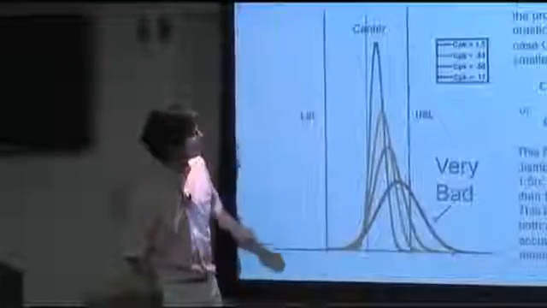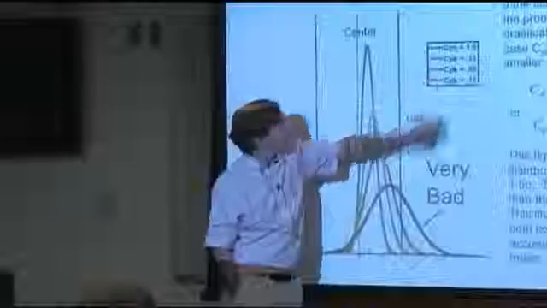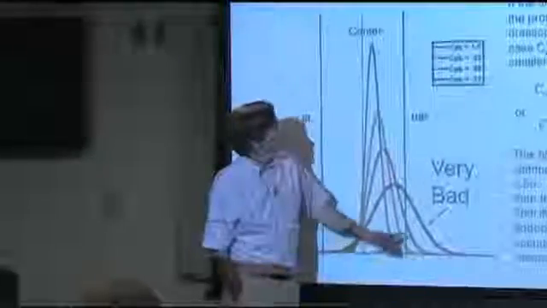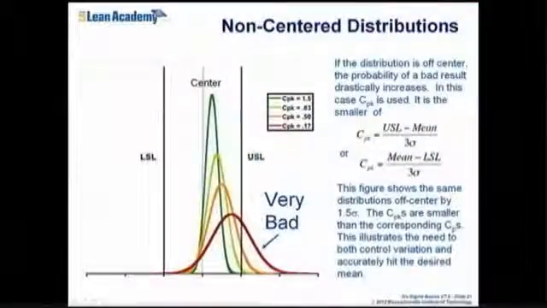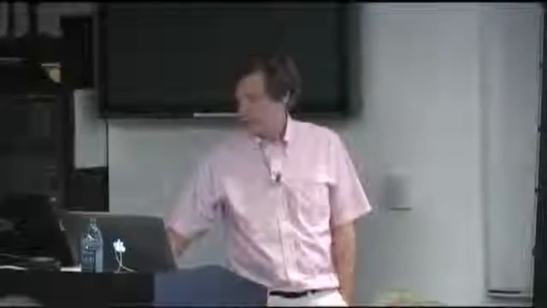But our formerly OK looking CP of 1 process now has quite a bad looking tail. And our process that was bad is now horrible, our relatively uncontrolled process. So that's a different way of measuring process capability, which takes into account the fact that the mean may not be on the center.